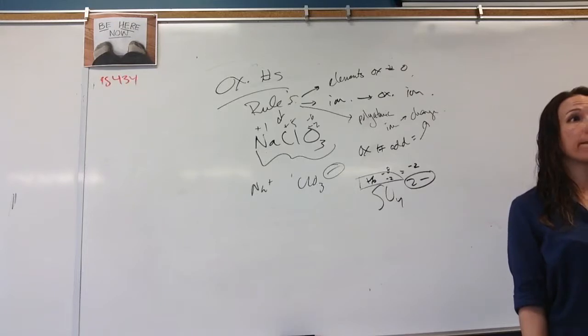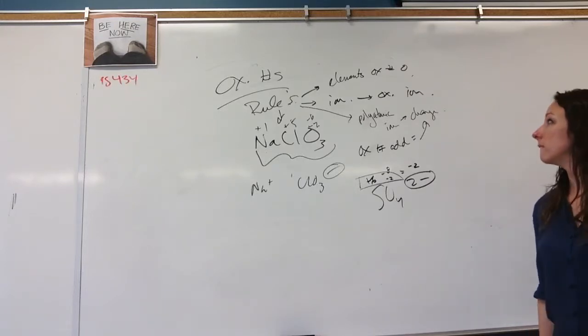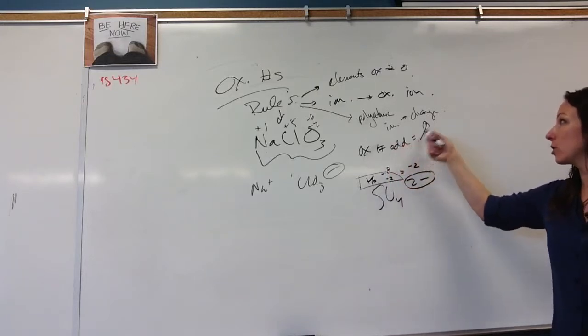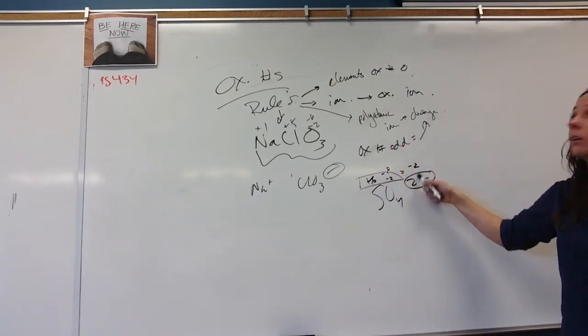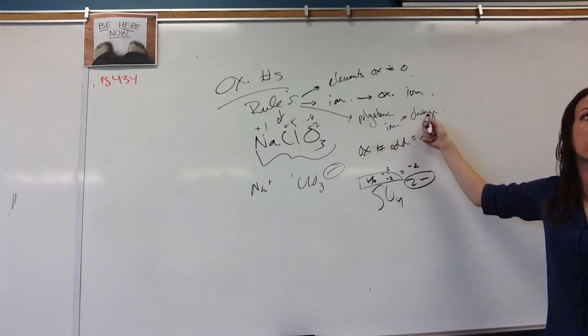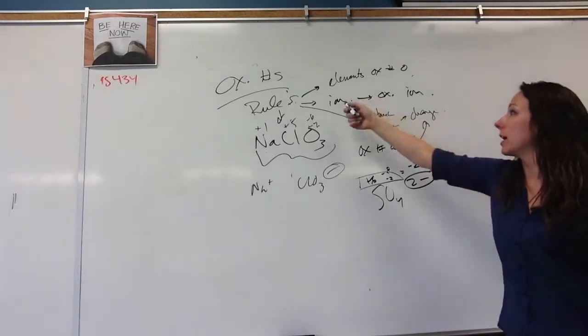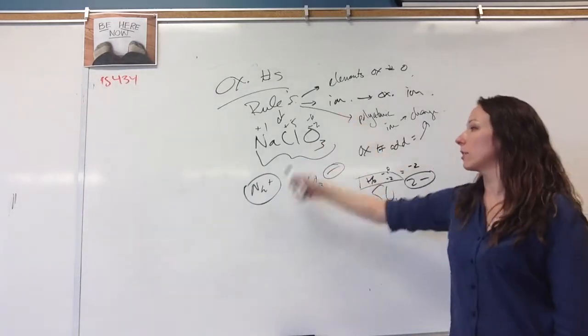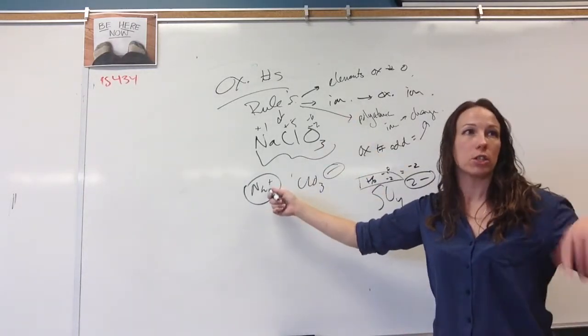What do you mean by ion, arrow, oxidation? The oxidation numbers have to add up to the total charge. The one above, polyatomic ions have a charge. The one above that, sodium ion, simple ions, their charge is their oxidation number.